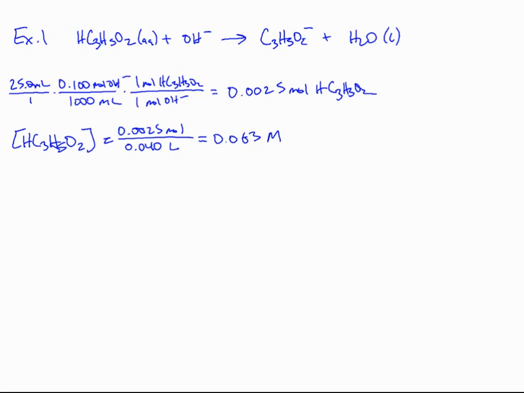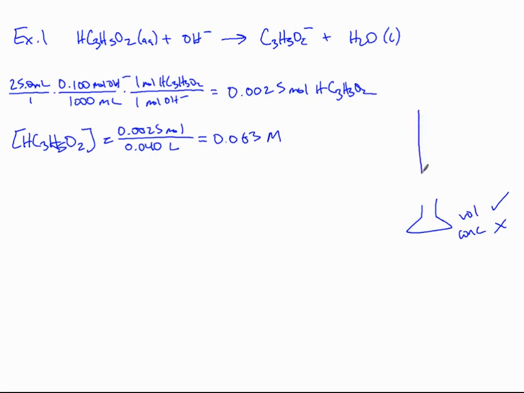So here's what happened. We didn't know the concentration of this, but we did know that they react in a 1-to-1 ratio, right? And so here's probably what this looks like. I've got my flask with volume known, concentration not known.